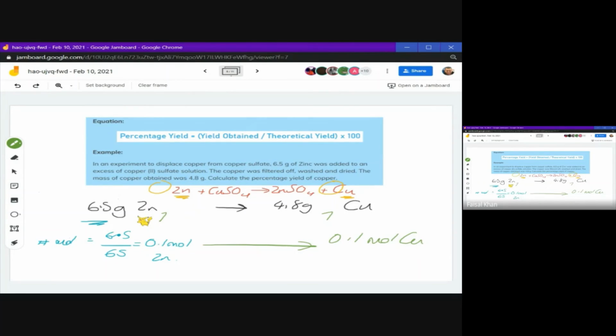Right. Now, we need to figure out what's actually happening in reality. So 4.8. Now, the relative atomic mass of copper is 64. So 4.8 divided by 64.